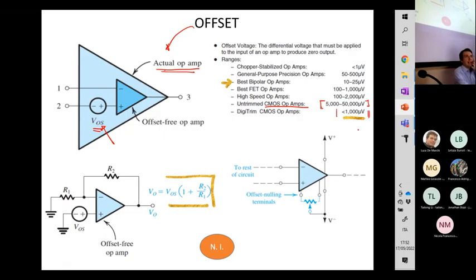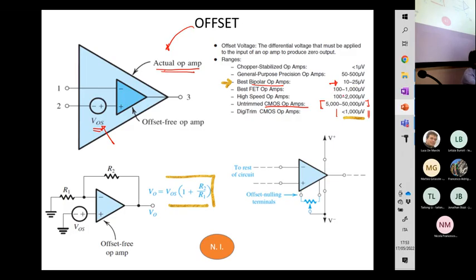But indeed, these values are quite high, especially if you compare this CMOS op-amp with respect to bipolar op-amps. So bipolar op-amps can achieve an offset value in the order of 10 to 25 microvolts.